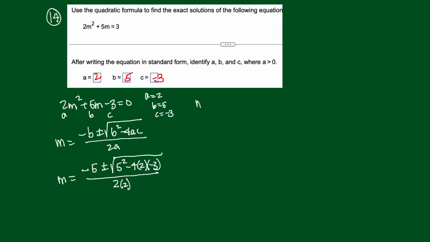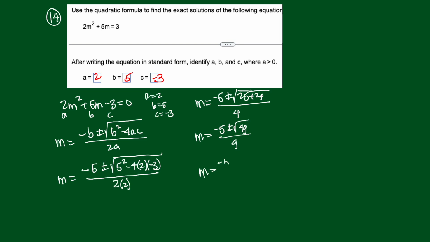So we're going to get that m is equal to negative 5 plus or minus the square root of 25. Now what do we get here? Negative 4 times 2 is negative 8. Negative 8 times negative 3 is positive 24. So positive 24 all over 2 times 2, which is 4. So m is going to be negative 5 plus or minus the square root of, how nice, 49 all over 4.